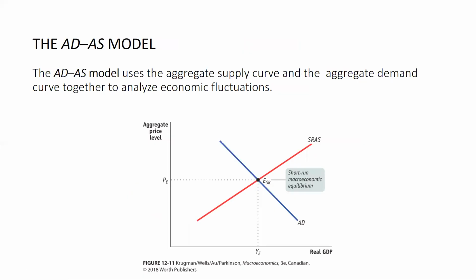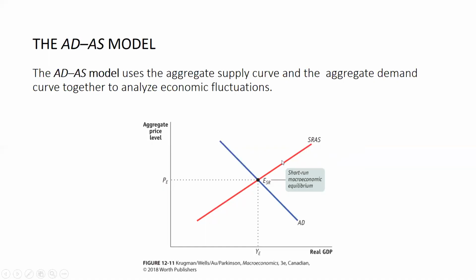Now we can put the aggregate demand and aggregate supply together, and we can define our macroeconomic equilibrium. This will be the short-run macroeconomic equilibrium, where the short-run aggregate supply equals the aggregate demand. The price level such that those two are equal is PE. If the price is bigger than that, then expenditure is less than production.